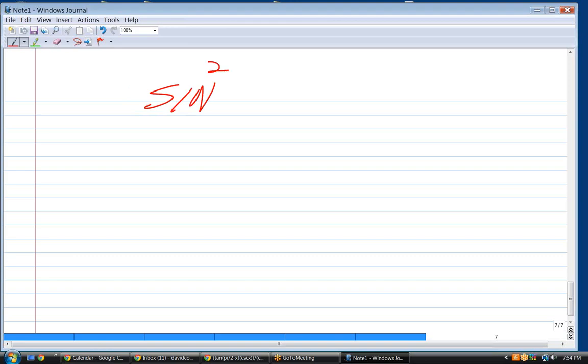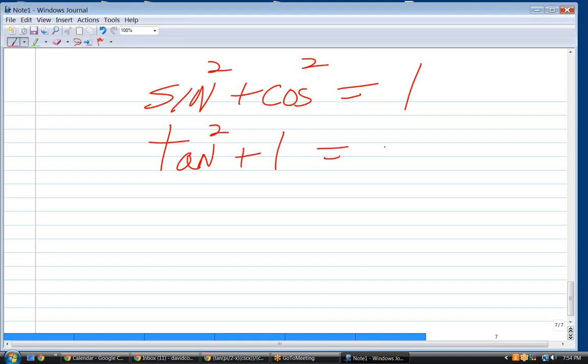Again, with the trig ones, you've got to memorize that one, and you've got to memorize the second one. What's the second one? Tangent squared plus 1 equals secant squared.